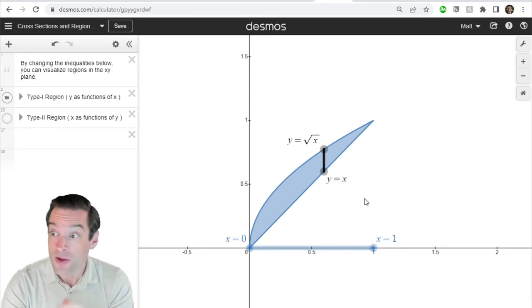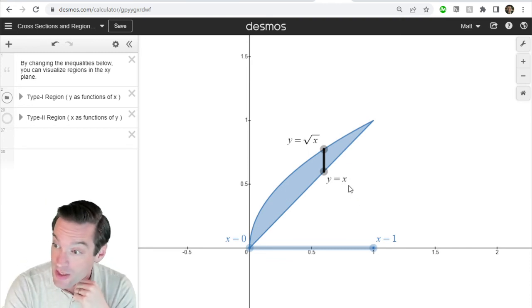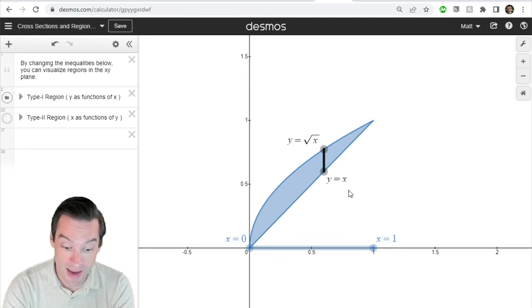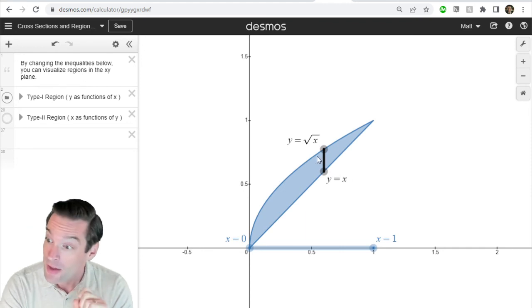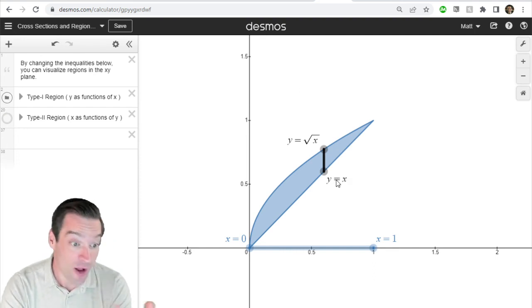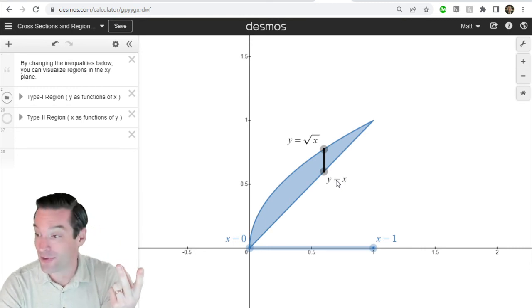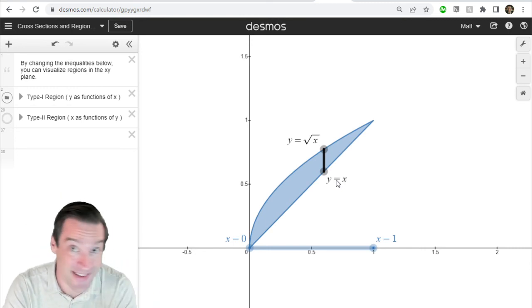So to turn this around into a type 2, you have to turn both of these equations around into making x the subject instead of y, and then think about the leftmost and the rightmost extent of this region. When I turn y equals x around so that x is solved for, that's the easiest thing in the world to do. Just turn the equation backwards. x is equal to y. If y is equal to x, then x must be equal to y.